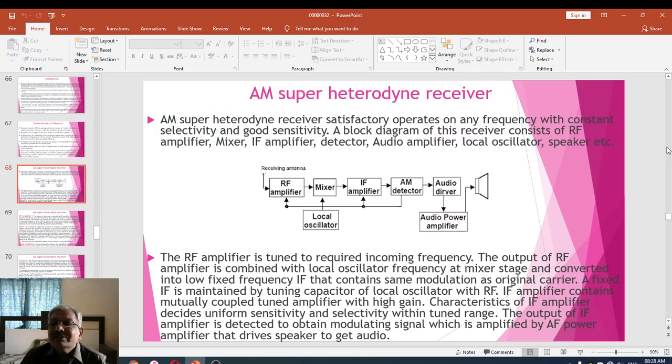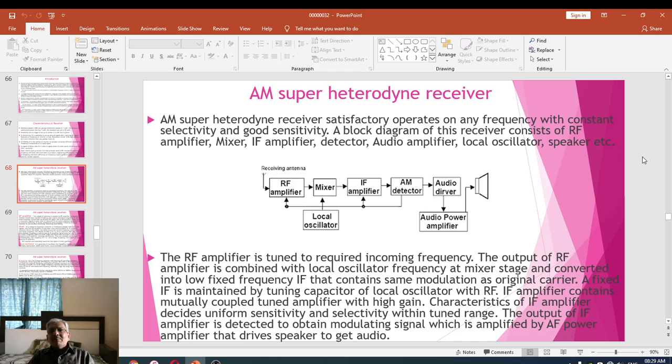Let us begin with topic number 4, that is radio receivers and television. In yesterday's lecture, we introduced the meaning of radio receiver. We studied how to proceed with this particular topic, that is plan of our lectures.